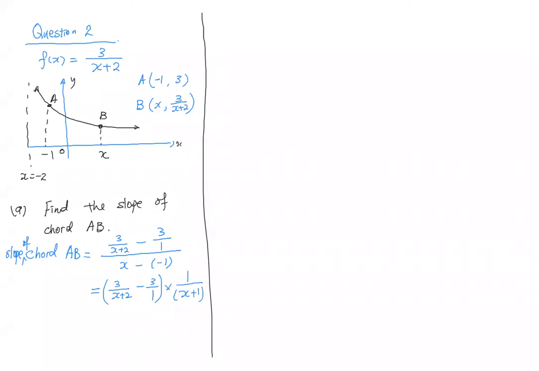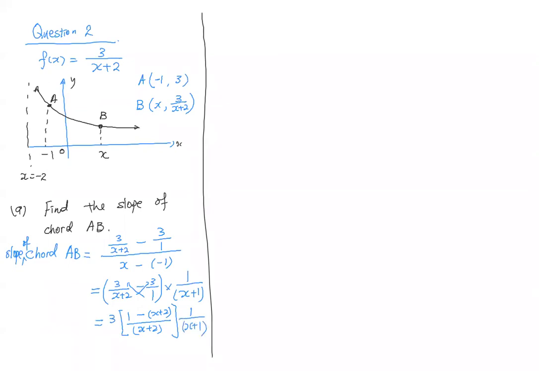Yes. So now since both on top there's a 3, can I just take 3 out? And I put it like that. Can I not? That means cross multiply, okay? To make my calculation easier.